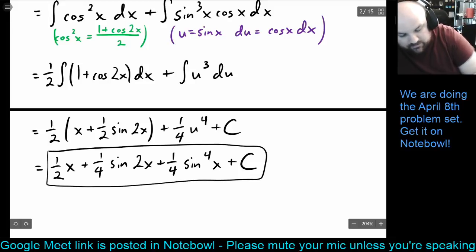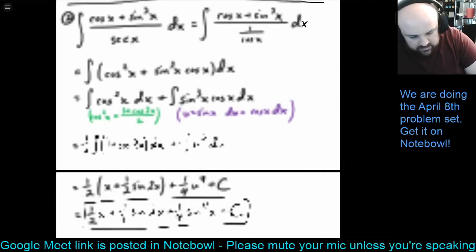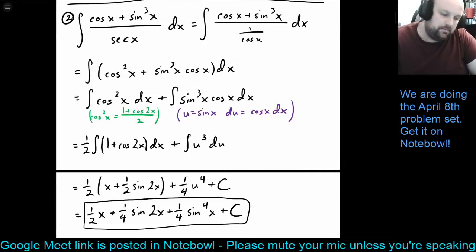And there we go. So we get a bit of an interesting integral here. Not too bad.